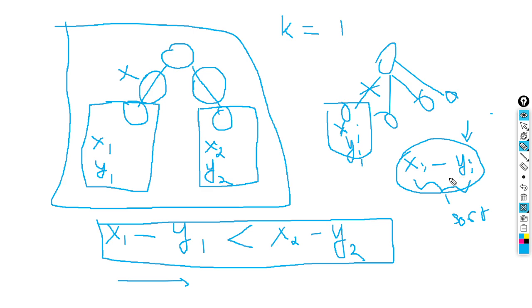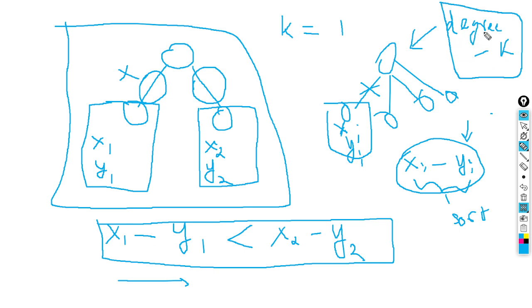How many values depends on this particular node's degree minus k. This particular node's degree is 1, 2, 3, 4, just for this example. If k is 1, in that case 4 minus 1, that is 3 edges, I need to remove.